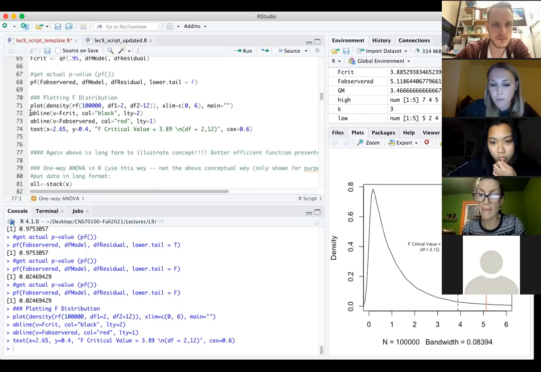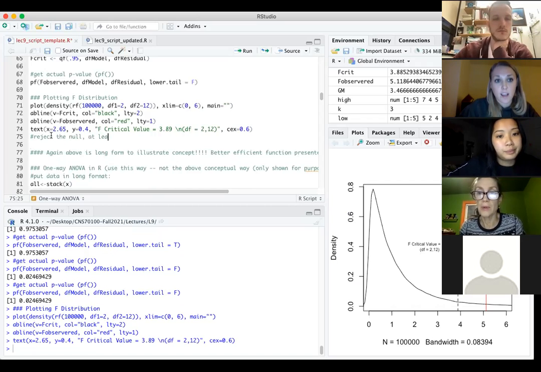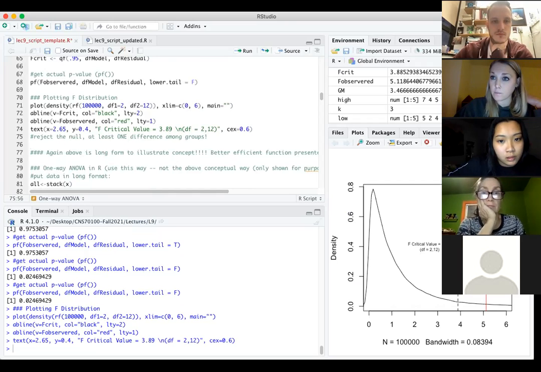And from our plotting, we know that you can add in text. So I just added this text to show where our degrees of freedom are, and we can see that F observed is more extreme. So we reject the null. At least one difference among groups. Make sense?